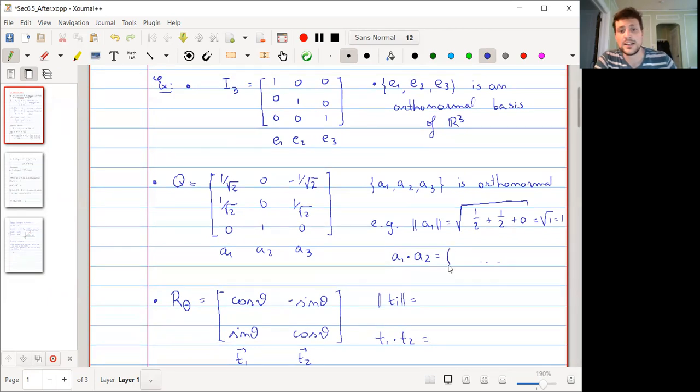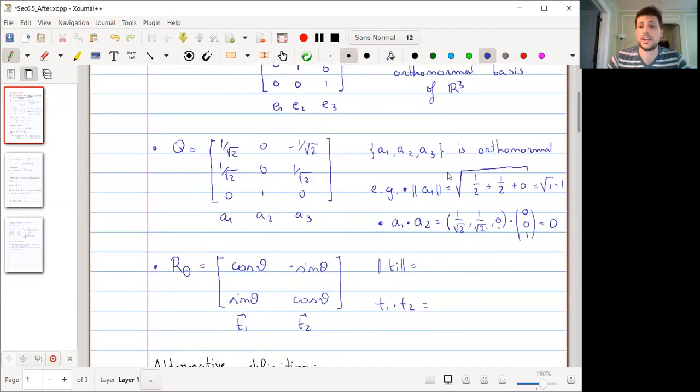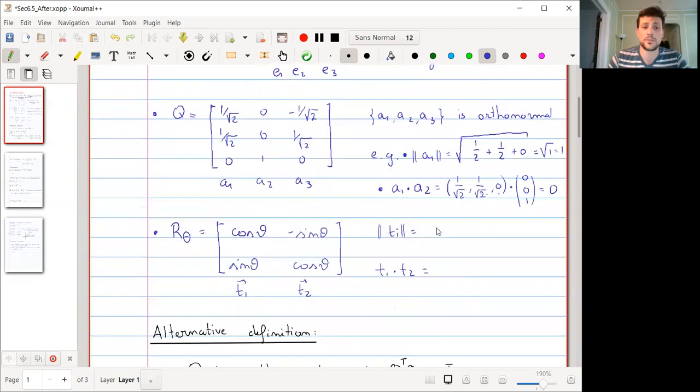If you take the dot product between, for example, A1 and A2, you get (1 over root 2, 1 over root 2, 0) dotted with (0, 0, 1), and that just gives you 0. I won't do the other checks, but they're all simple like these. And I encourage you to try and check everything about this matrix.